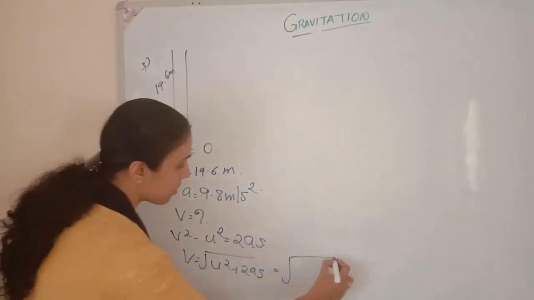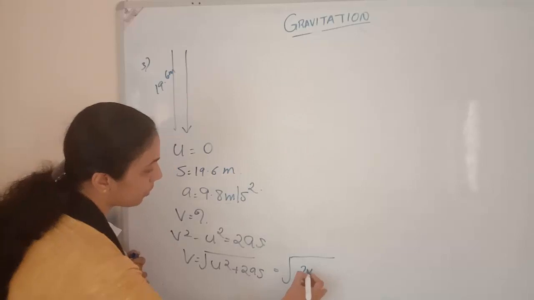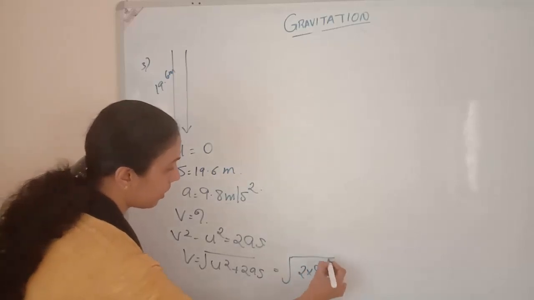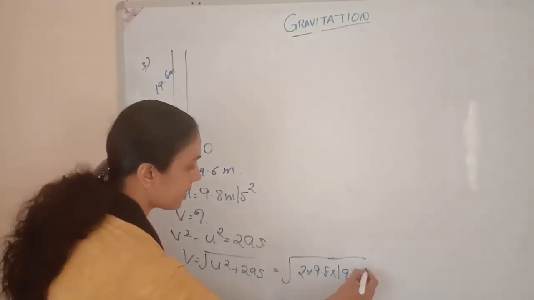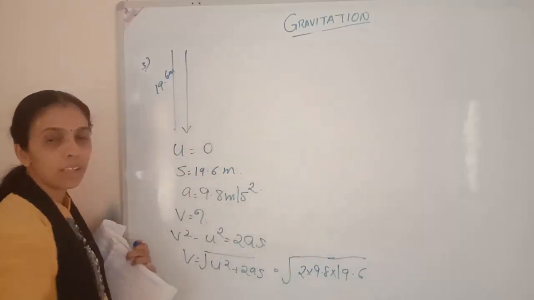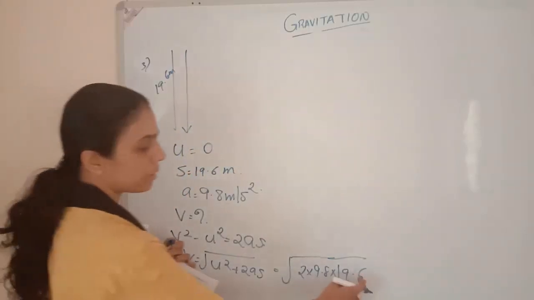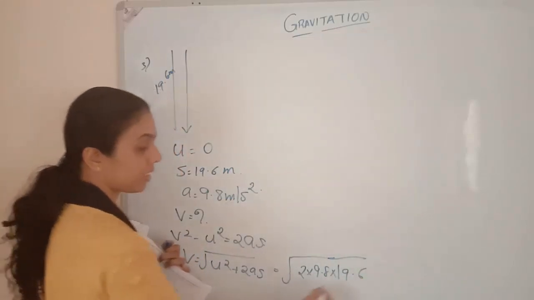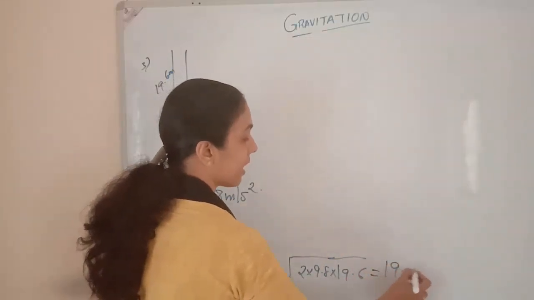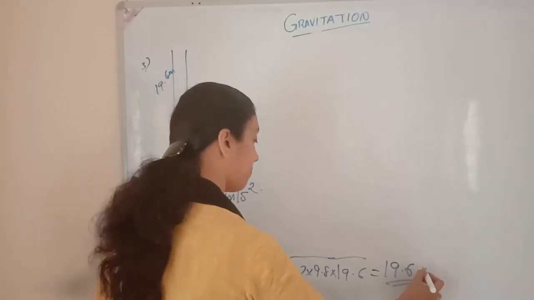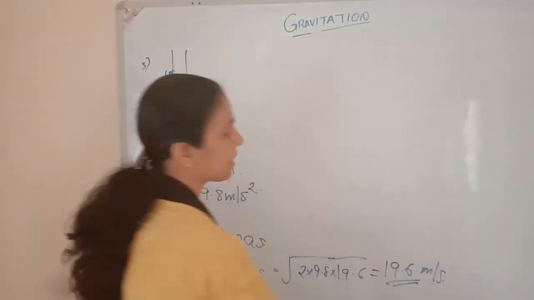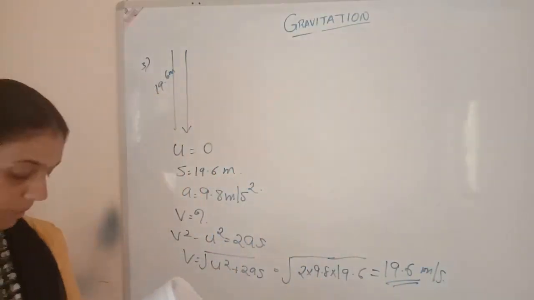What is U? 0. 2 into 9.8 into 19.6. See, 2 into 9.8 is 19.6. 19.6 into 19.6 under root, we get 19.6 meter per second. So this is the final velocity.